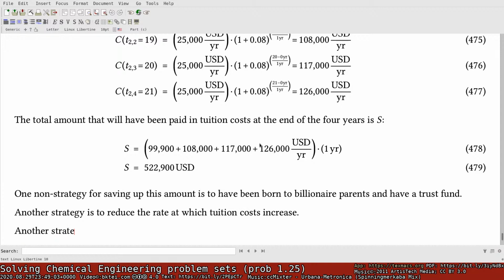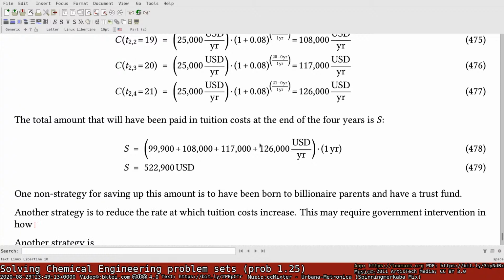This may require government intervention in how scholarships are provided.